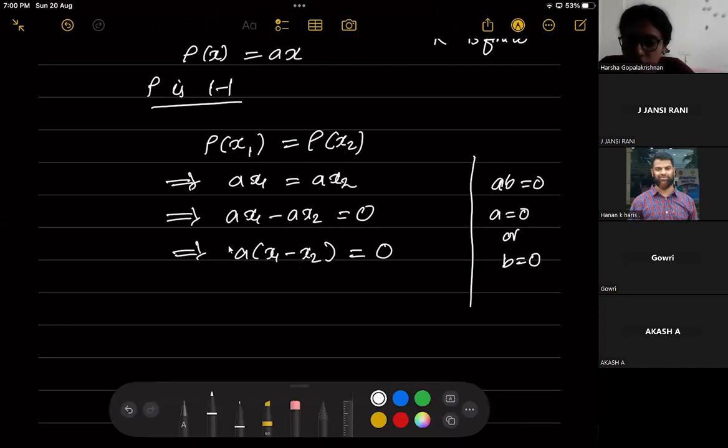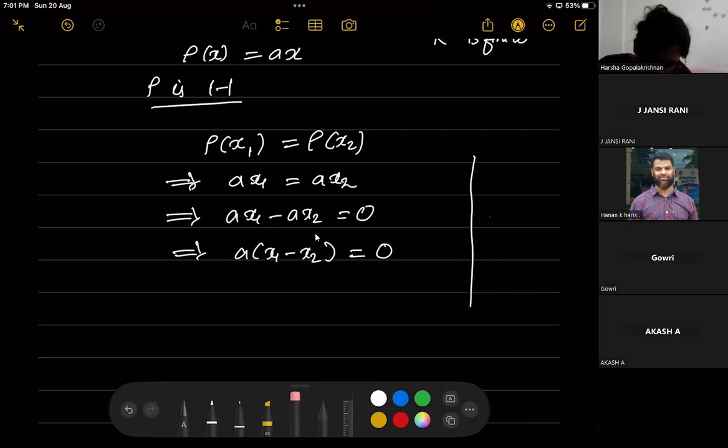So A is non-zero. Okay, let me repeat once again. AB equal to 0.